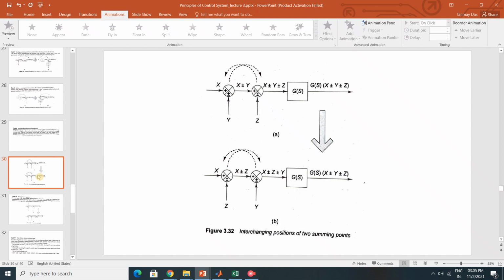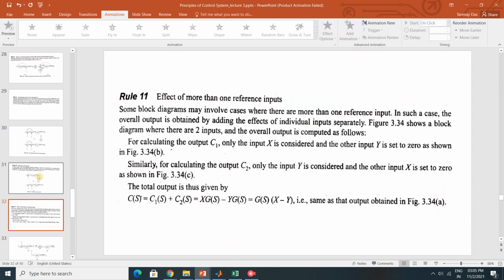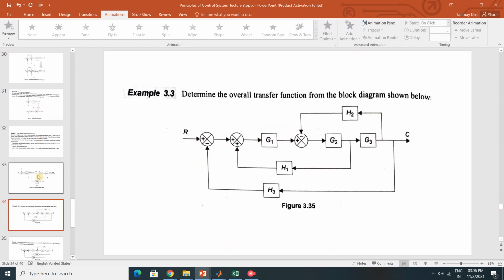For that, we have discussed that there are some techniques for reducing the blocks, so that we can simplify it, just like we simplify an algebraic equation by taking common factors or applying middle term break or some other formulas, so that the complicated equation can be brought down into a simple equation. Similarly, a complicated block diagram can be brought down to a simple, easy block.